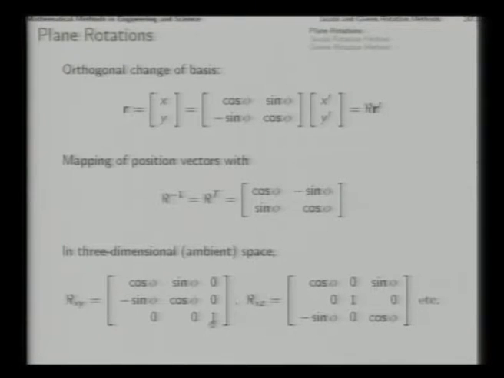Similarly, a rotation in the xz plane will get represented like this, in which the y axis, the second axis, will have a similar situation. So far we are talking about ordinary physical space.